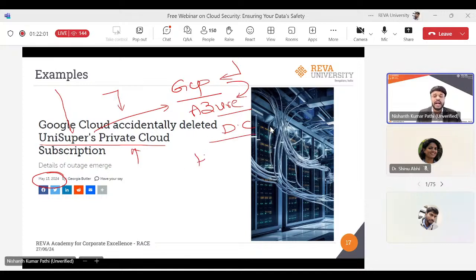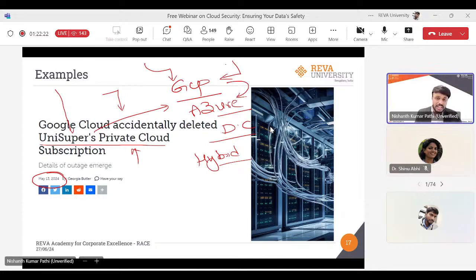So they have a hybrid model with two cloud providers and a data center. Even though the entire data on GCP was deleted, including the primary servers, in less than a week they came up and started doing their business without losing a single record.